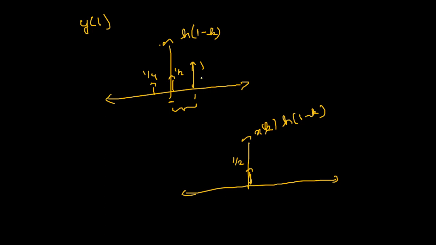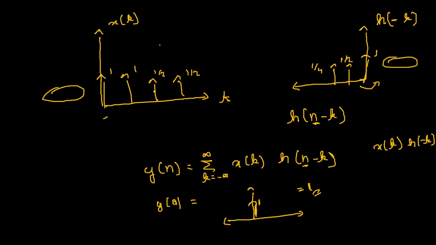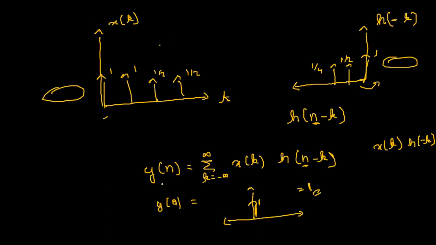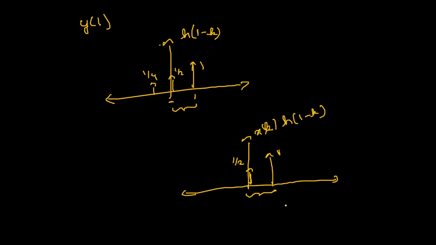At 1, this is 1 and the input signal is also 1, right? So at 1, our output is 1. Now we need to sum up the values of all the signals, because that is what is done in convolution, right? Our output signal will be the summation of all the signals that we get when we multiply these two terms. So like you can see, it's 1 by 2 plus 1, which is 3 by 2. So y of 1 is equal to 3 by 2.